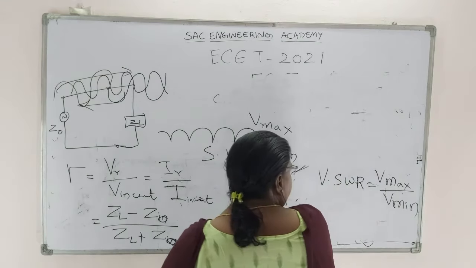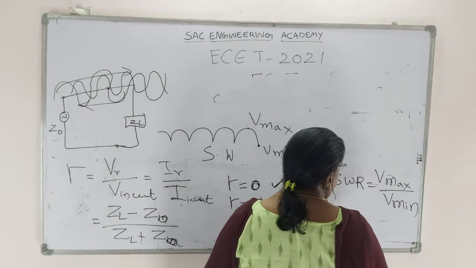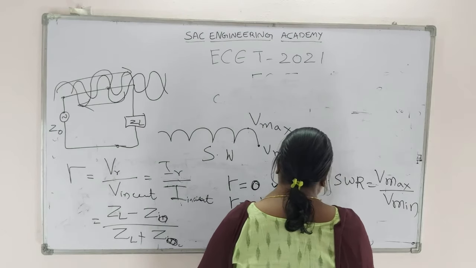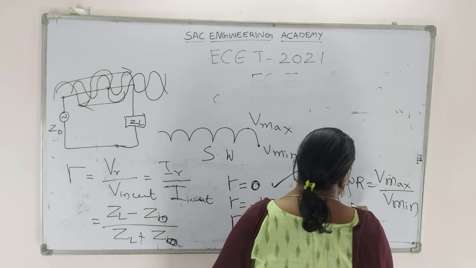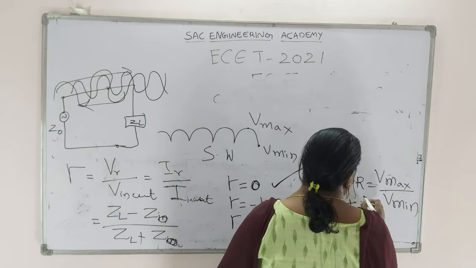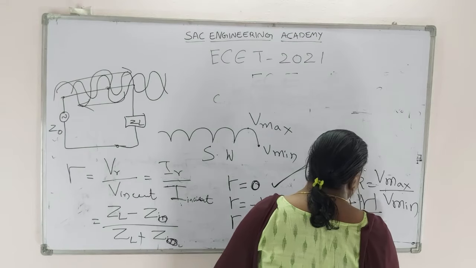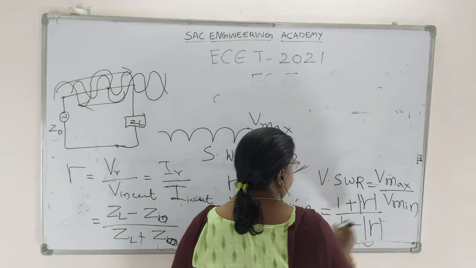VSWR in terms of reflection coefficient is 1 plus reflection coefficient by 1 minus reflection coefficient. We take the modulus.